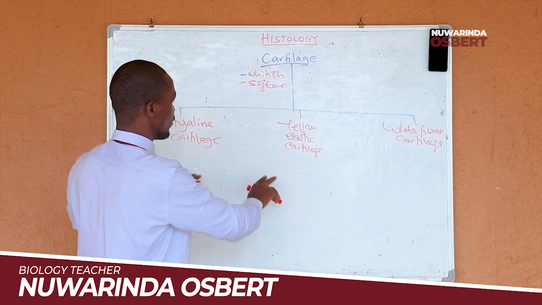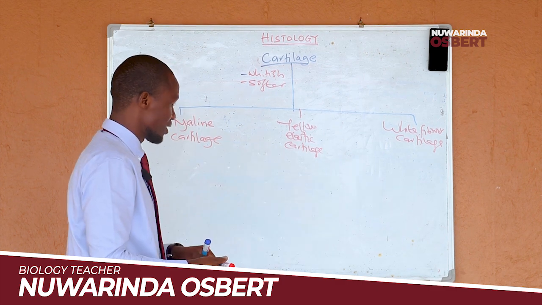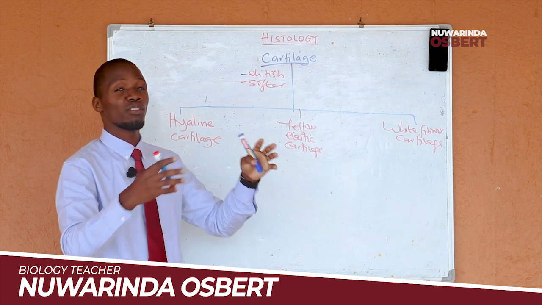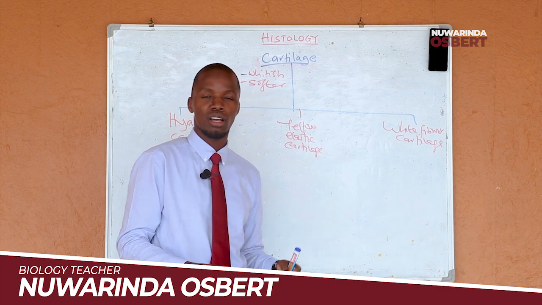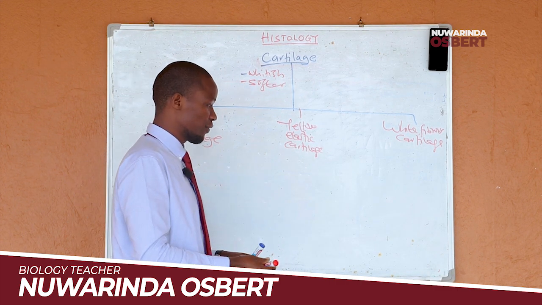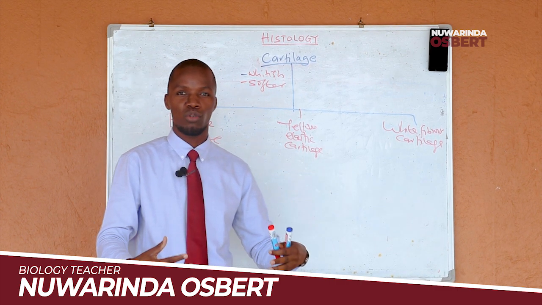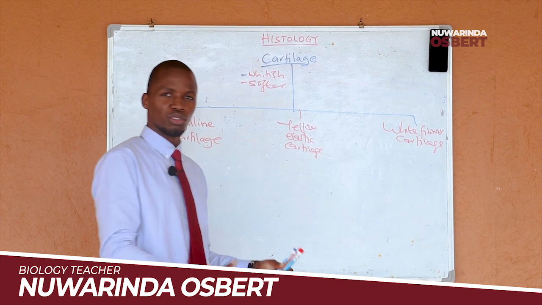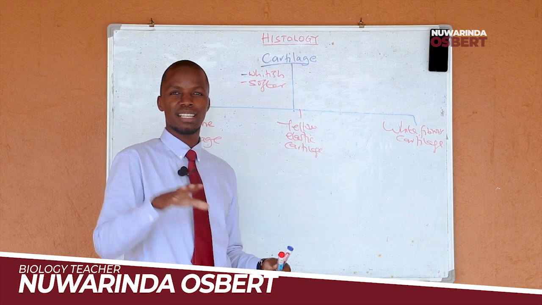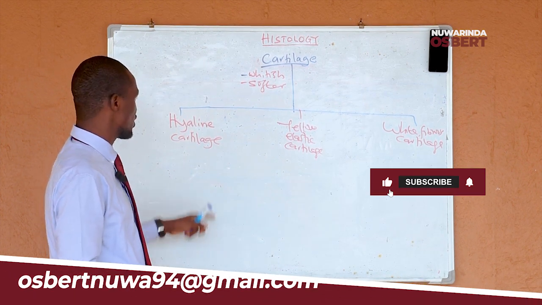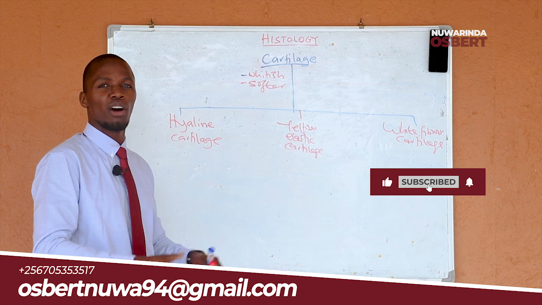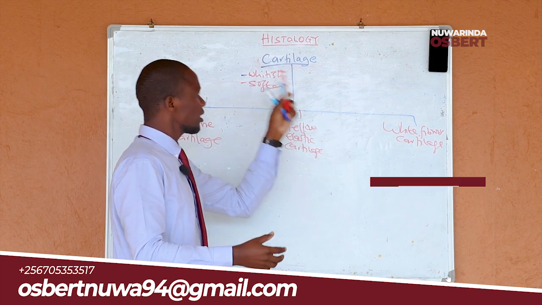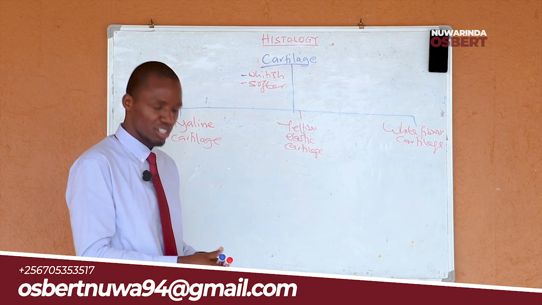Maybe before I expound more, when you talk about the general structure of a cartilage, if tomorrow they ask you to describe the structure of a cartilage, whatever I'm going to describe here is the same answer you write even when they ask you to describe the structure of hyaline cartilage. Now, in general, cartilage is made up of a matrix.